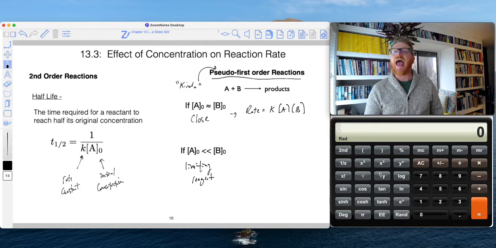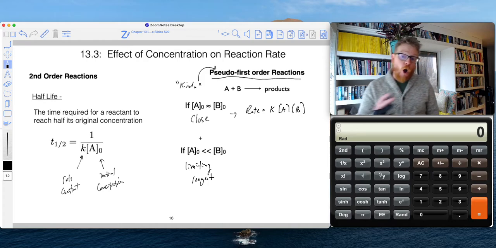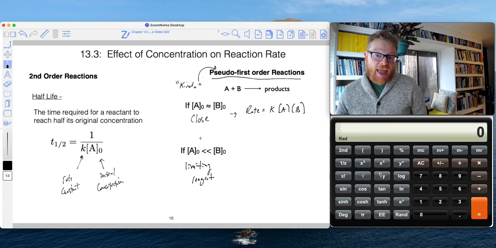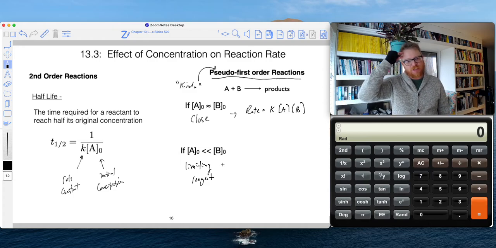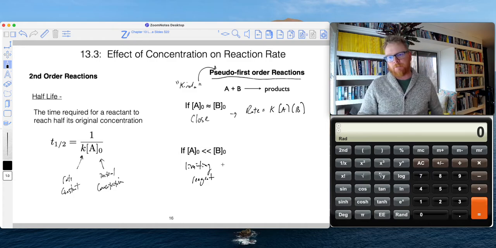So if we have a limiting reagent situation, in this case, I've said B is much, much greater than A. After all of that A has reacted, there's likely still going to be about the same amount of B, right? Think about this. This is just kind of like our 5% rule in equilibrium.